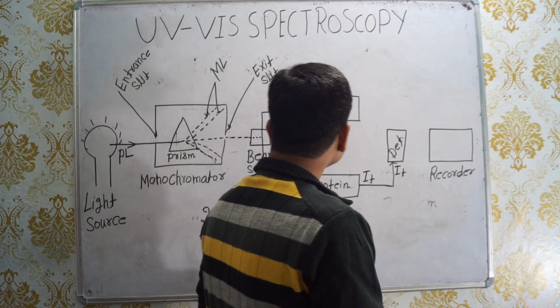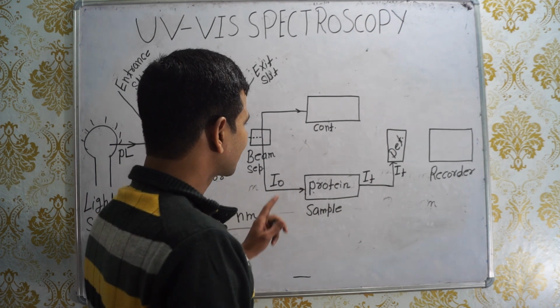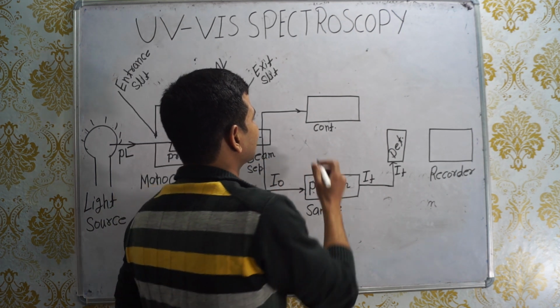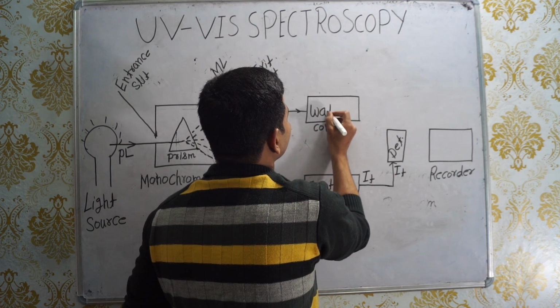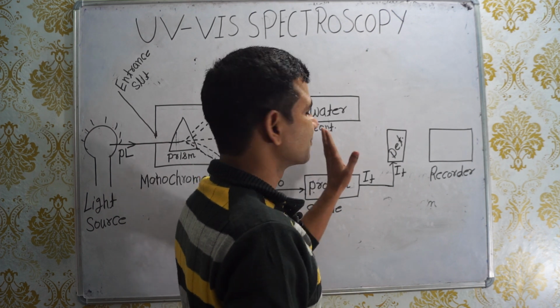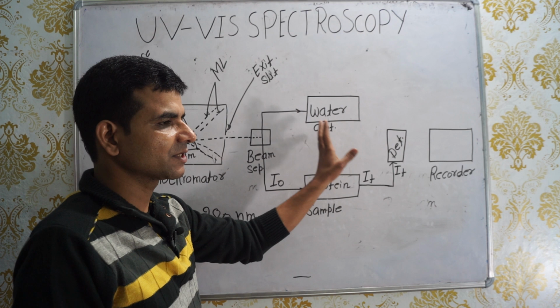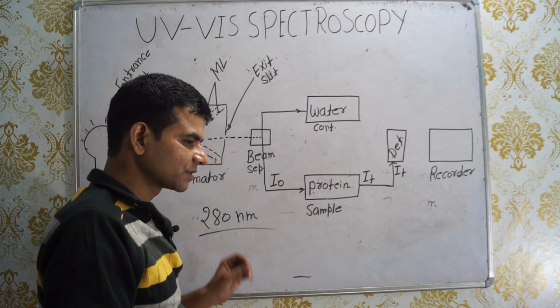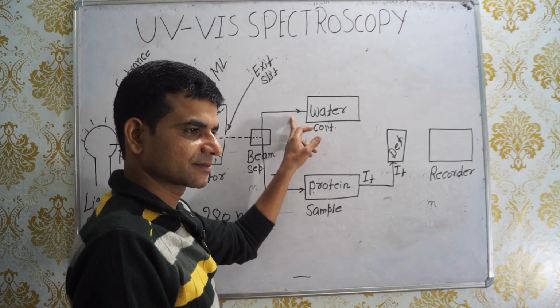Now come to the control chamber. In the control chamber, pure water is kept. Water in the pure form does not absorb light.